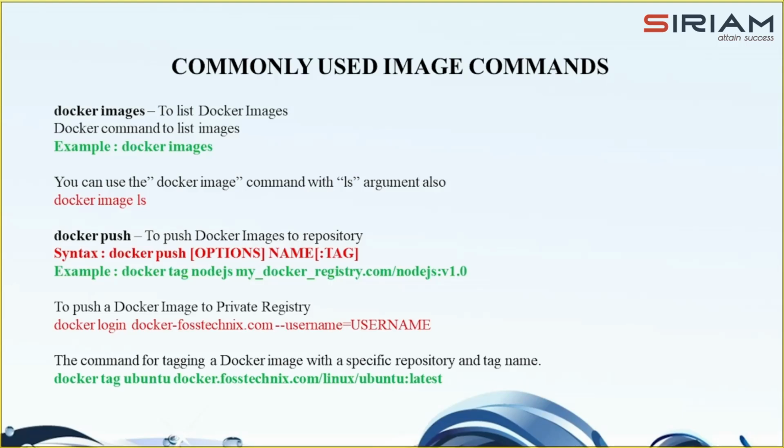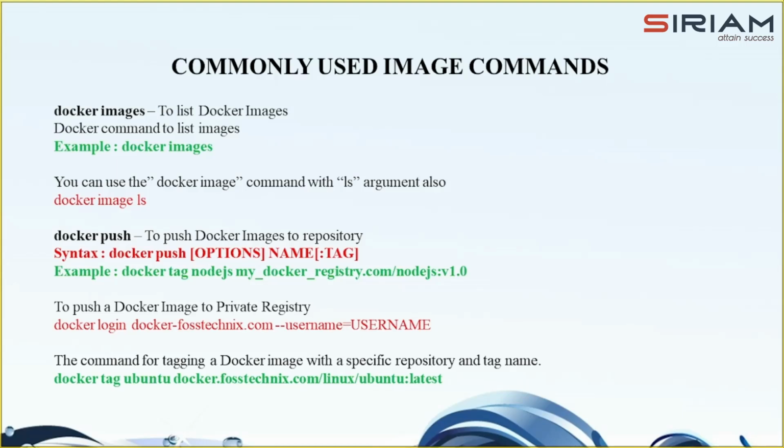Right? Next is docker push. So the docker push command pushes Docker images to a registry, making them available for use by others or on different systems. Right? So after building or tagging a Docker image, you can use docker push to upload the image to a Docker registry, such as Docker Hub or a private registry.